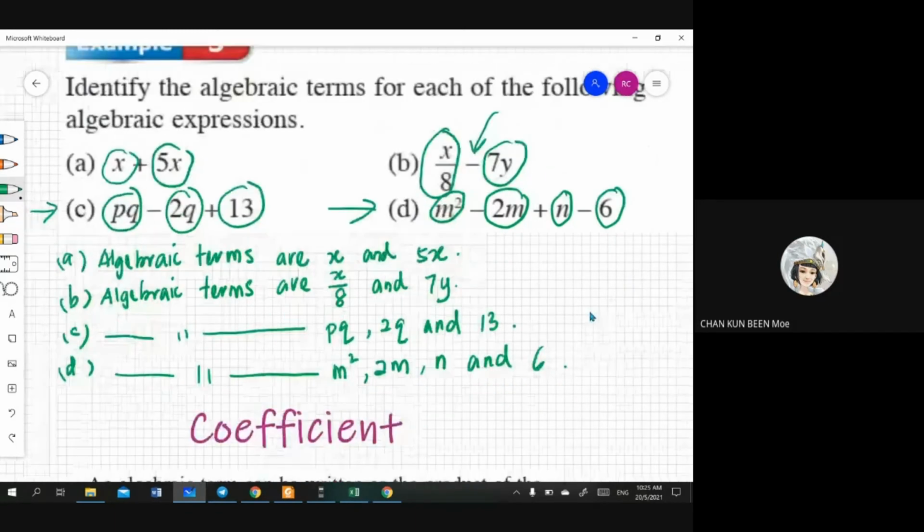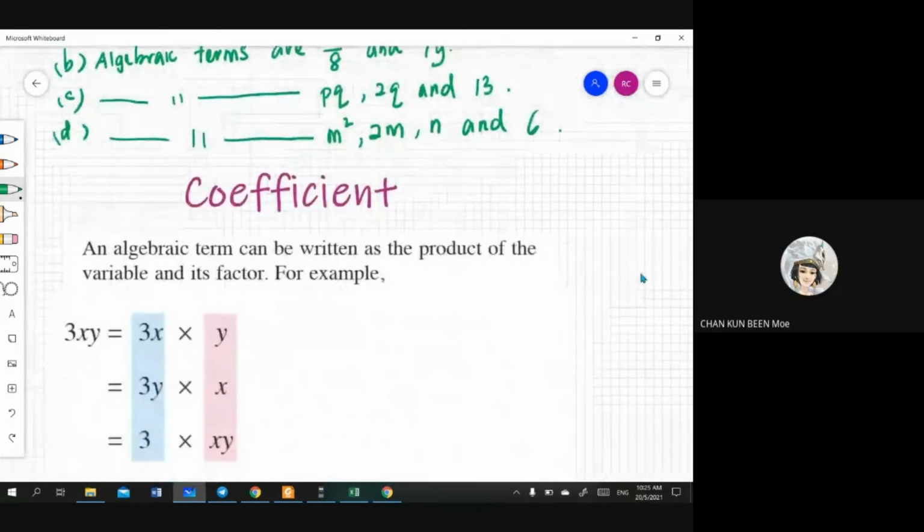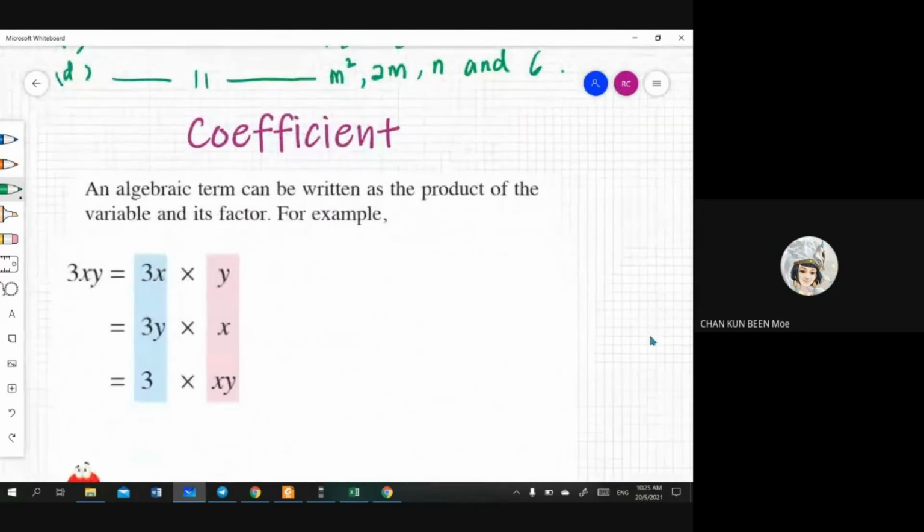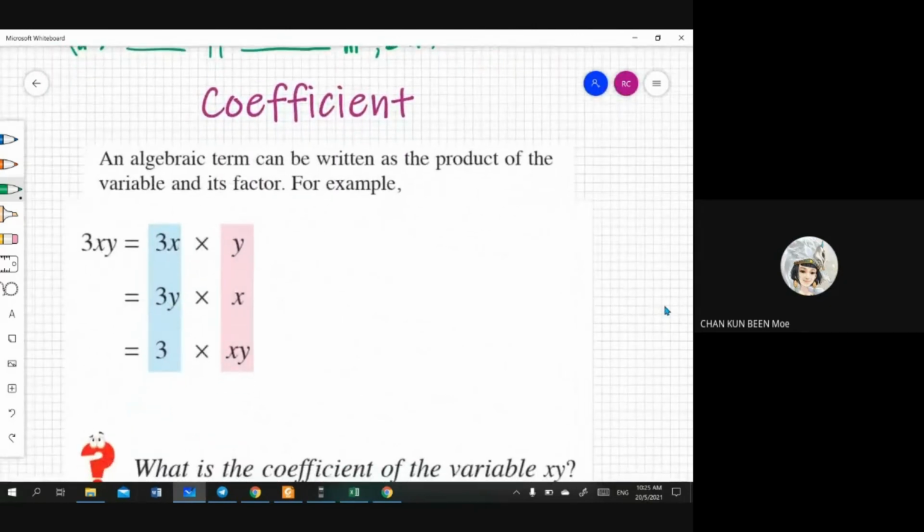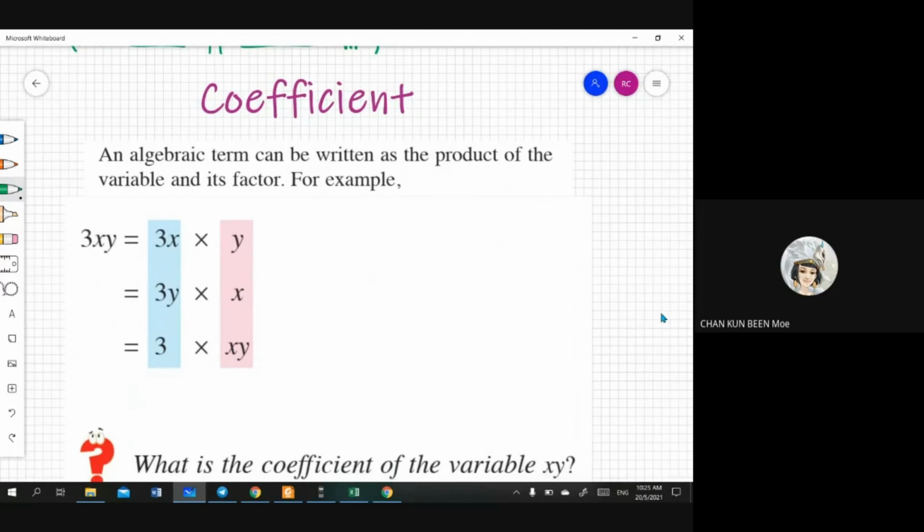You can see the word here, the coefficient. Okay, coefficient. Can everybody read after me? This is new to you. Coefficient. Everybody read coefficient. Okay. Can anyone tell me what is the meaning of coefficient in Bahasa Melayu?